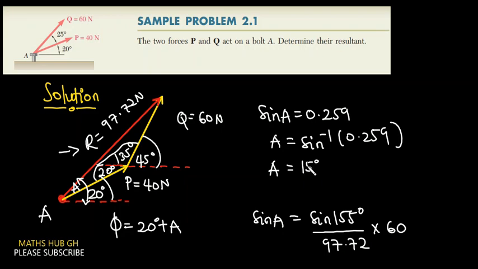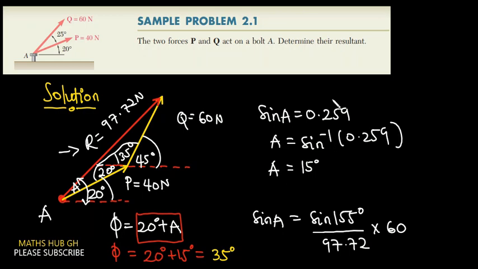So the value of A will be equal to 15 degrees, and then we know that the angle that the resultant force will make, which is phi, will be equal to 20 degrees plus angle A. So at the end, phi will be equal to 20 degrees plus 15 degrees, which is 35 degrees. So the resultant force will make an angle of 35 degrees with the horizontal axis.